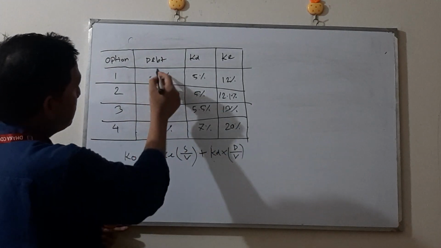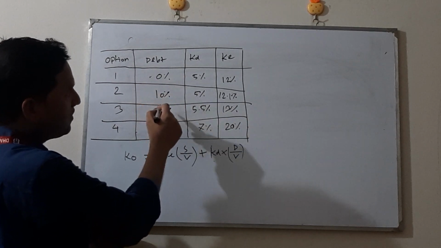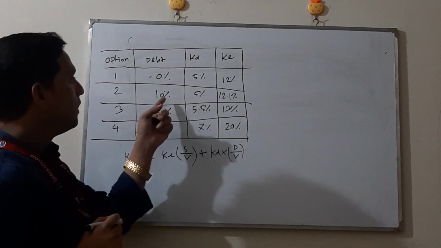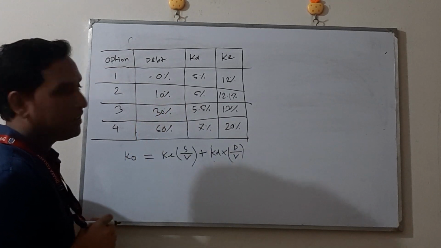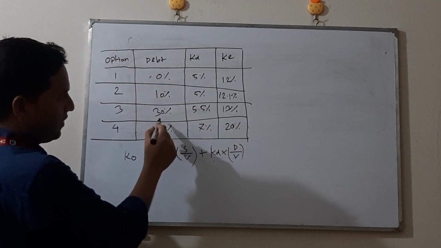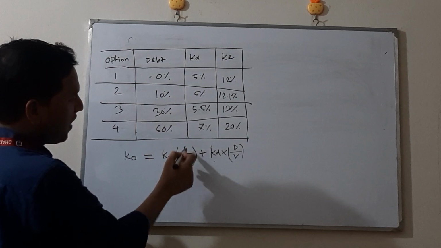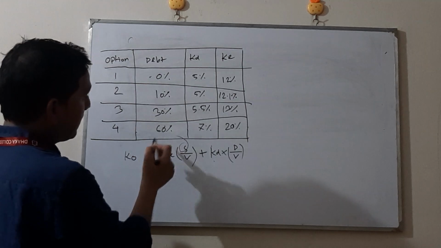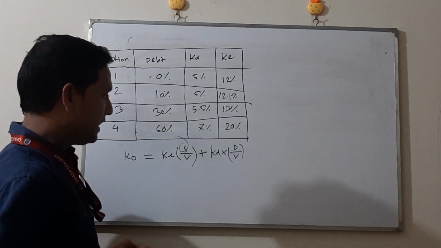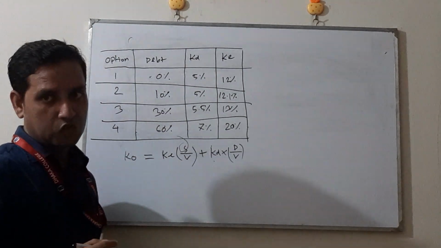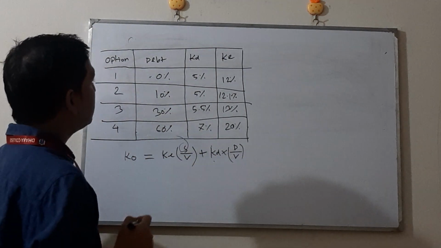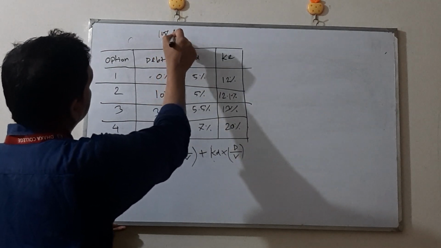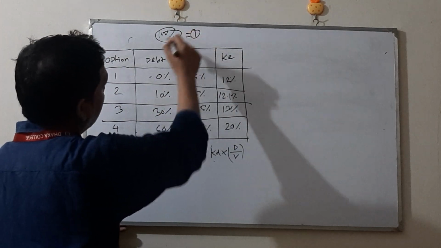When debt is 10%, equity financed is 90%. When debt is 30%, equity financed is 70%. When debt is 60%, equity financed is 40%. So debt plus equity equals 1 or 100%.